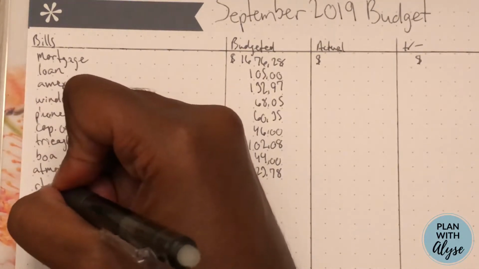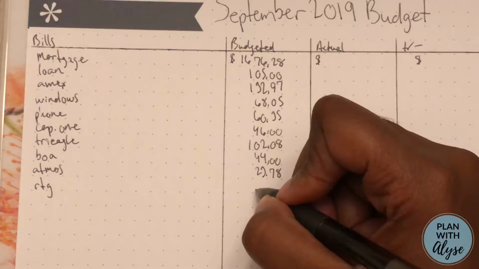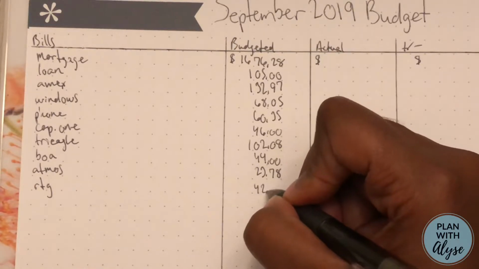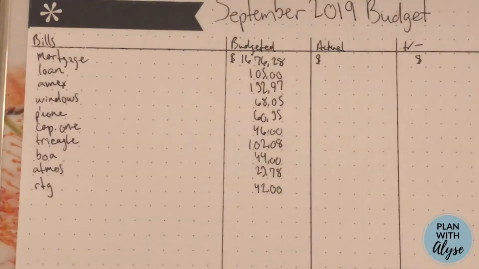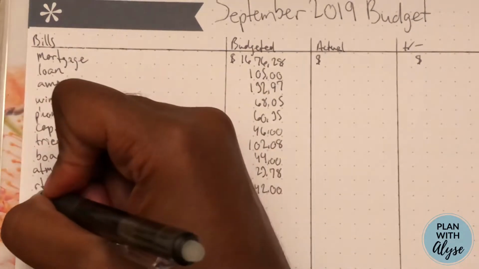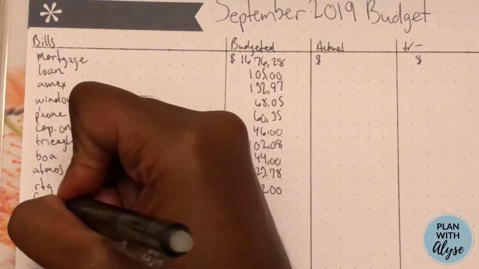Rooms to Go is $42. I'm trying to make sure I keep track of before I get to the bottom of the page so that I don't leave y'all behind.